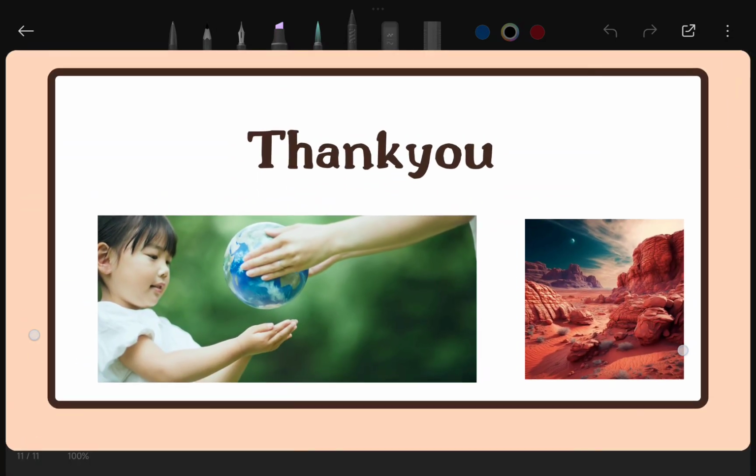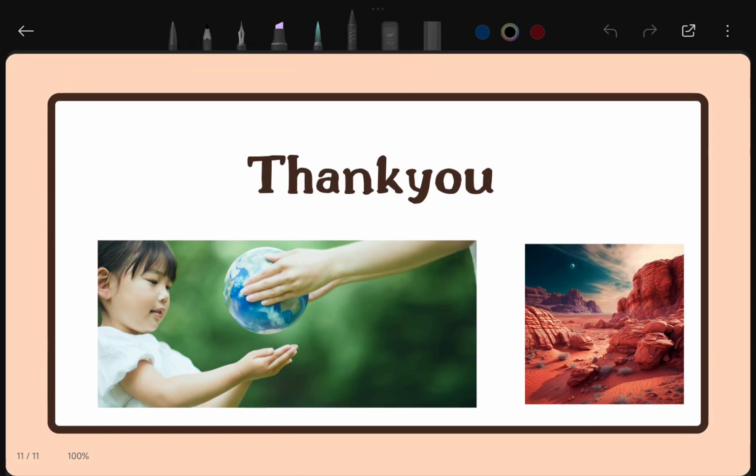Today, first we understood the layers of the earth: the earth's crust, mantle, and core. Second, we learned about the types of rocks: metamorphic, sedimentary, and igneous rock.